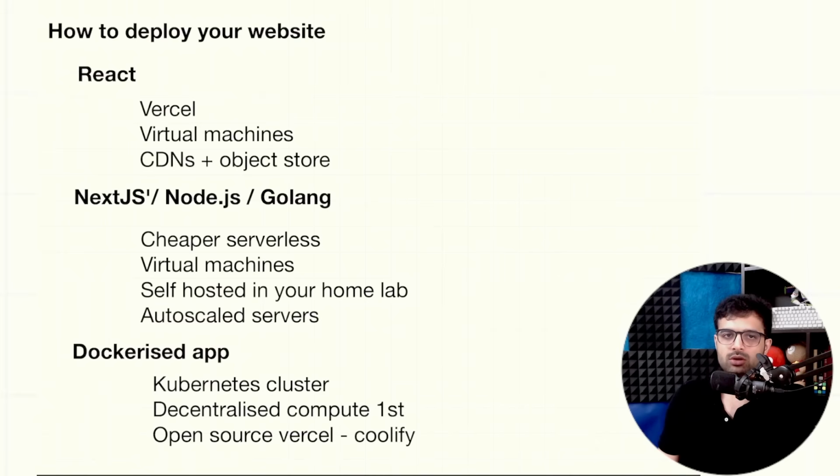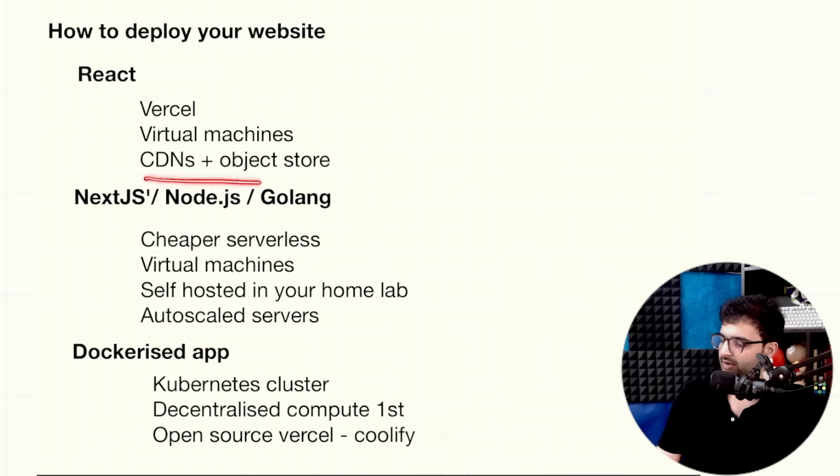Alright, this video is going to be divided into a few parts. Firstly, we'll create a very simple React application, a pure front-end application. Then we will deploy it on Vercel. That's the easiest place you should deploy your application. Then we'll understand how you can get a virtual machine on DigitalOcean, AWS, GCP, and deploy your front end over there.